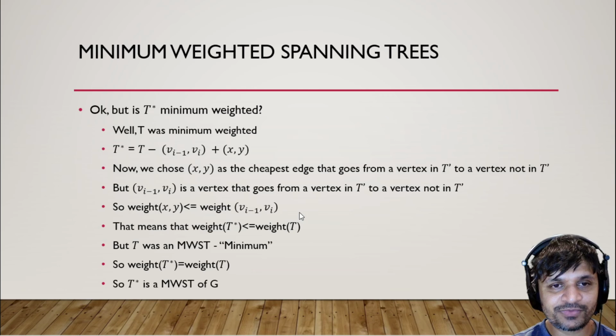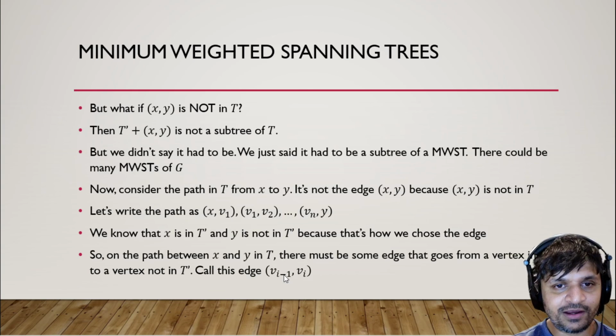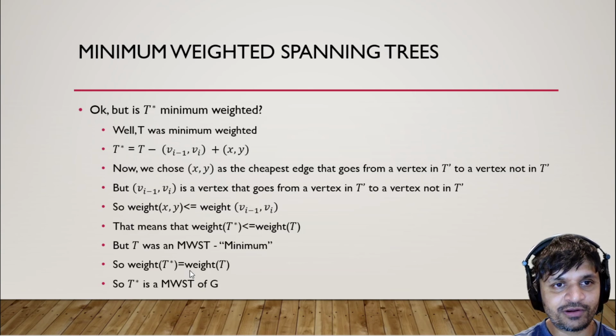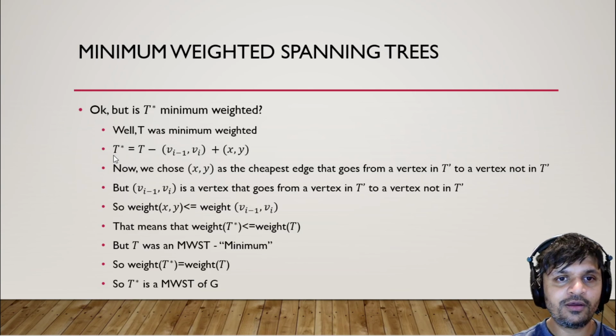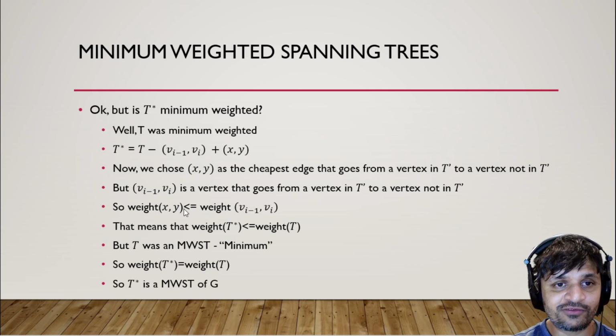So that means the weight of xy must be less than or equal to the weight of v_{i-1}v_i. Just to go back a step, remember when we chose v_{i-1}v_i, we said it was an edge that goes from a vertex in T prime to a vertex not in T prime. Just to refresh your memory. And again, we chose xy instead of v_{i-1}v_i, and we were trying to choose the cheapest one, so xy must be cheaper than v_{i-1}v_i.